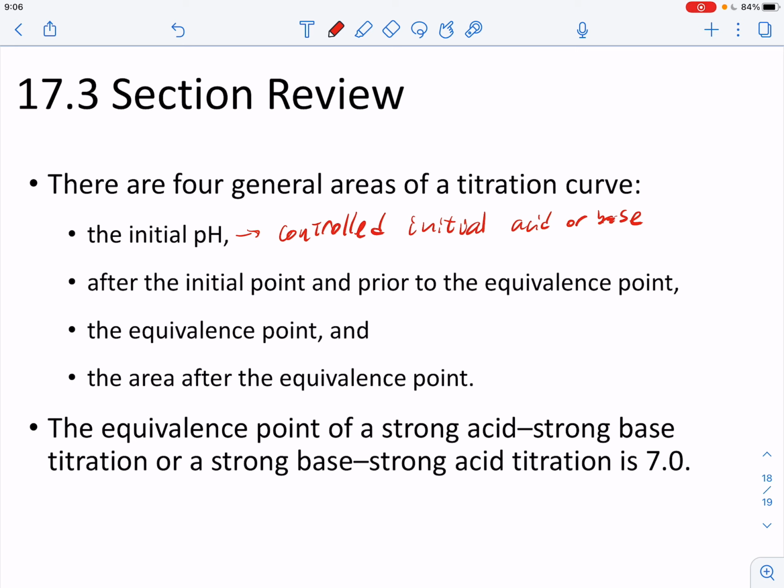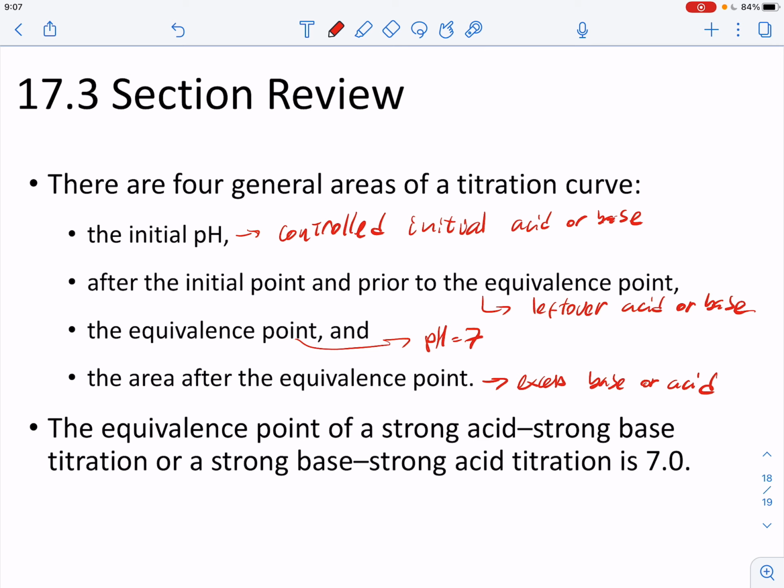Prior to the equivalence point, the pH is controlled by leftover acid or base. At the equivalence point, we're going to have a pH equal to 7. Remember, we are working with strong acids and strong bases. Past the equivalence point, the pH is controlled by excess base or acid, depending on what you have.